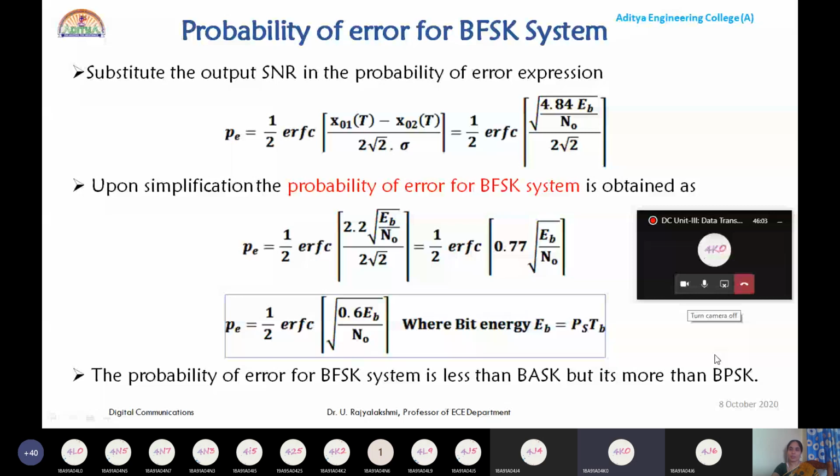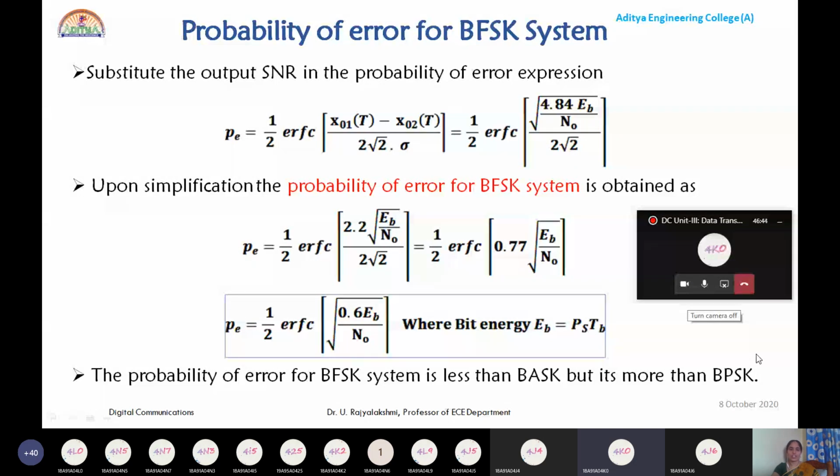Similarly, tell me the expression for BPSK. Half ERFC of root EB by N naught, ma'am.